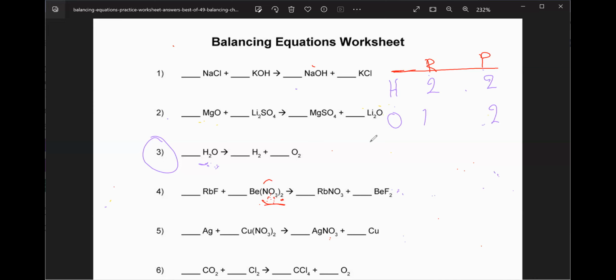Which one do I have to multiply? Here it's a 2, so I will make it 2.